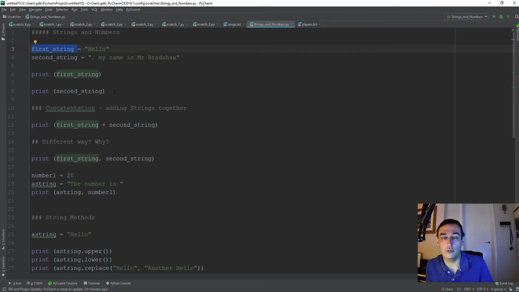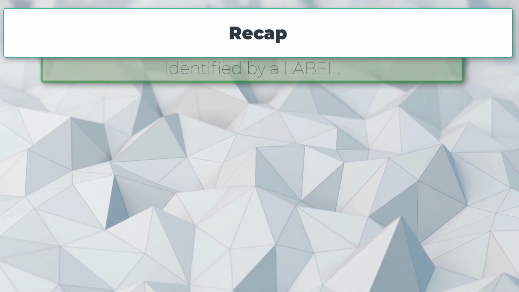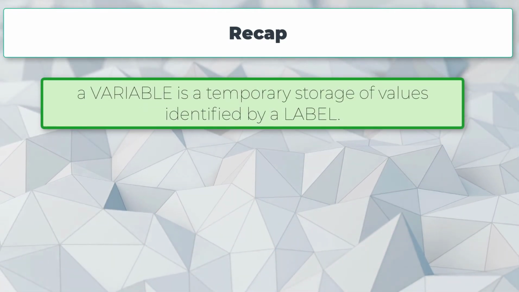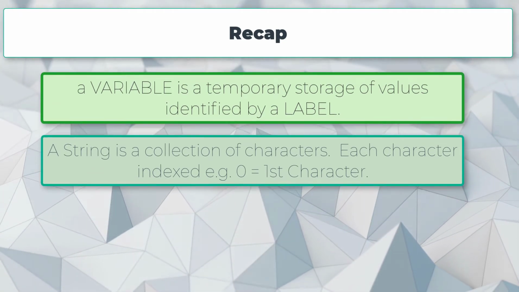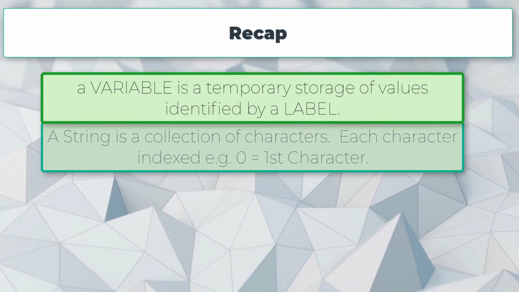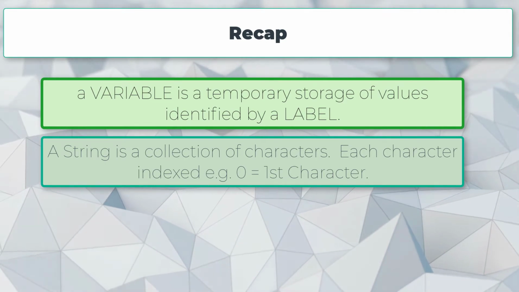It's very important that you remember that. To recap, a variable is a temporary storage of values identified by a label, and a string is a collection of characters, each character indexed. The first character would be 0, the second would be 1, and so forth.